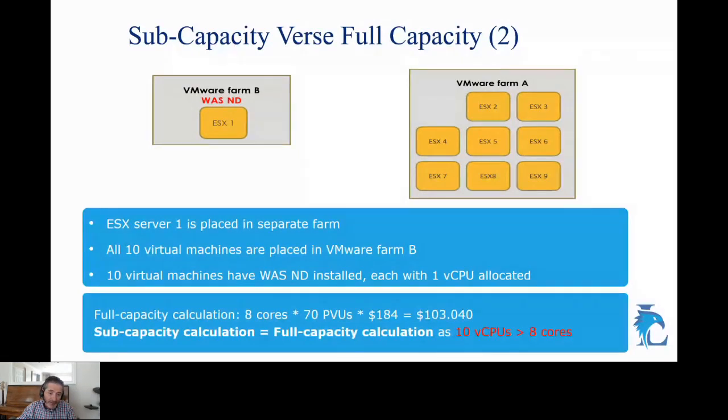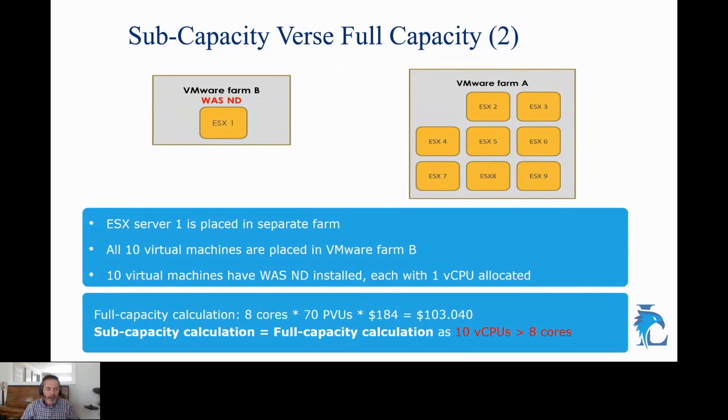And the most common example of this is physical to virtual transformation projects, where people move items from a dedicated physical server over to a VMware configuration or data center, and now they've created this huge license risk. Okay.